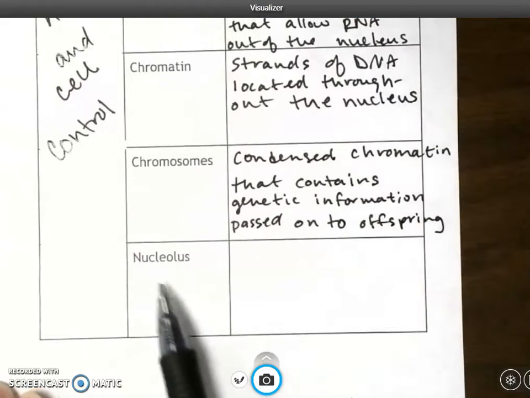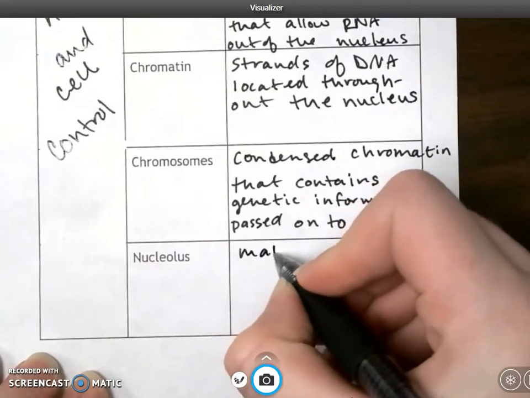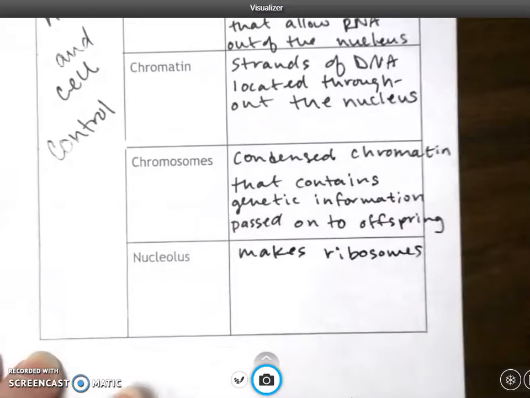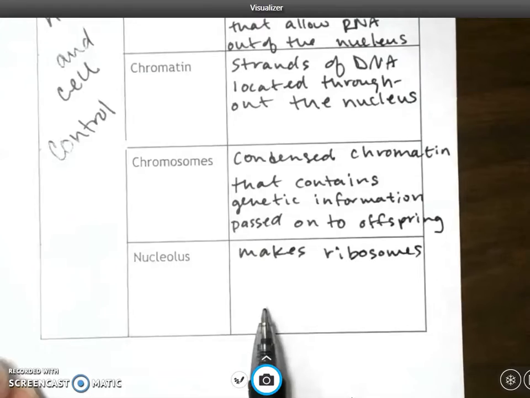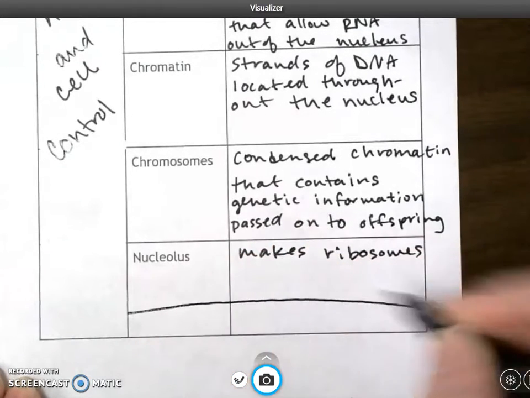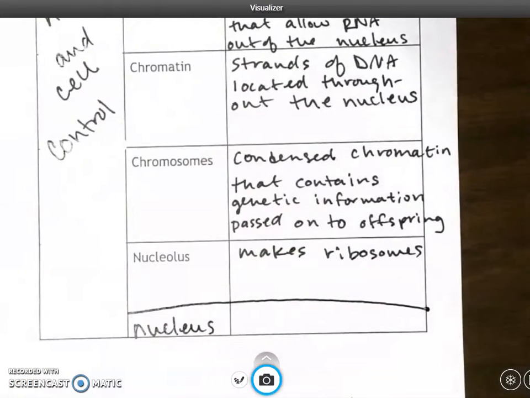Our next structure is the nucleolus, and it makes ribosomes, which is another structure that we're going to talk about in just a little bit. So the nucleolus makes ribosomes. We're going to add the nucleus right here. Sorry, I forgot to include that one for you. The job of the nucleus is it directs everything. It's the thing that is in charge of the cell.